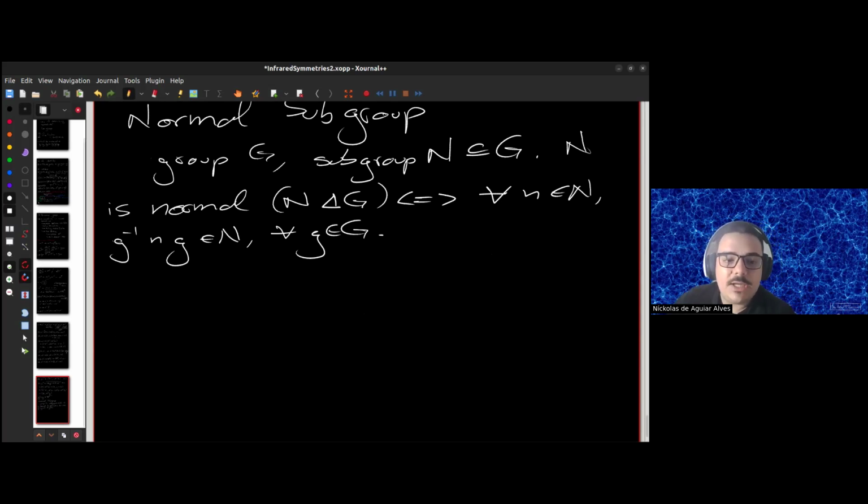You can take quotients of a space by a smaller space and get a different decomposition. You can decompose the space in many pieces. And what is interesting here is the following. When you have a normal subgroup, you can define what we call the quotient space G quotient N.